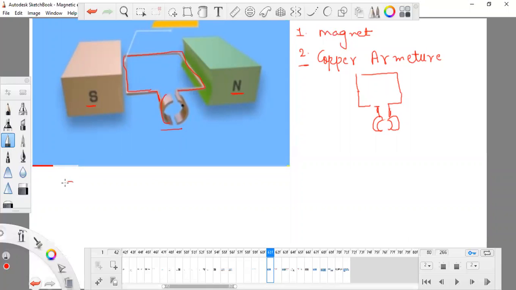So this is something split. You can see this is a full ring, and if I cut this ring into two equal halves, this is known as a split ring.